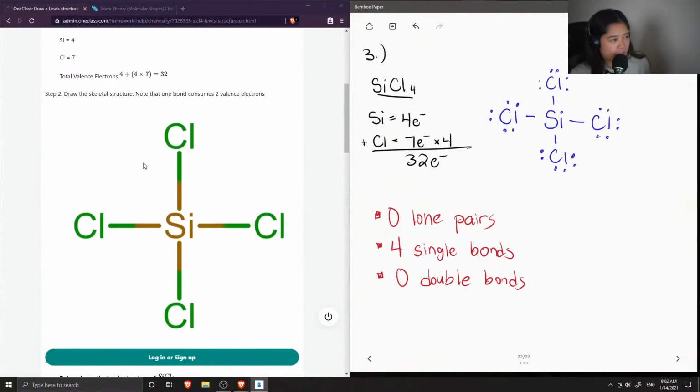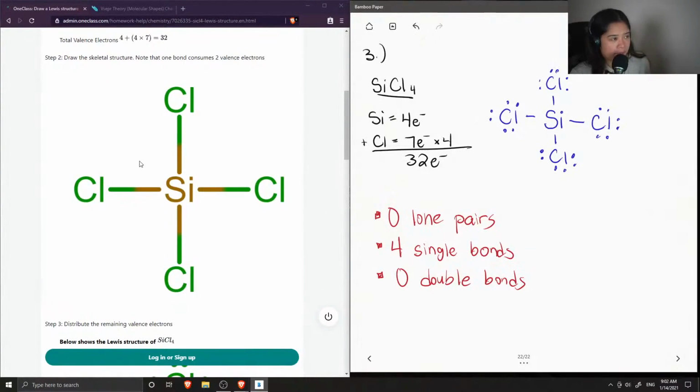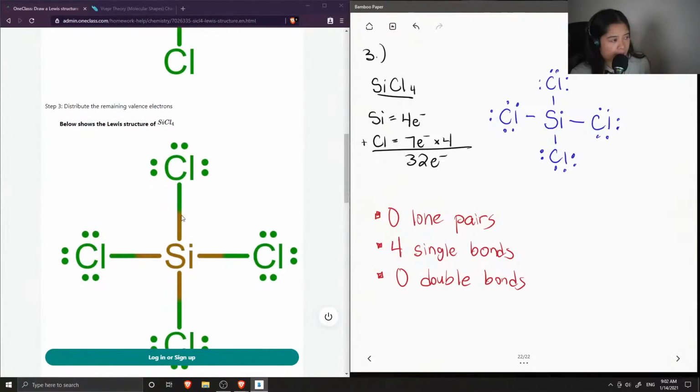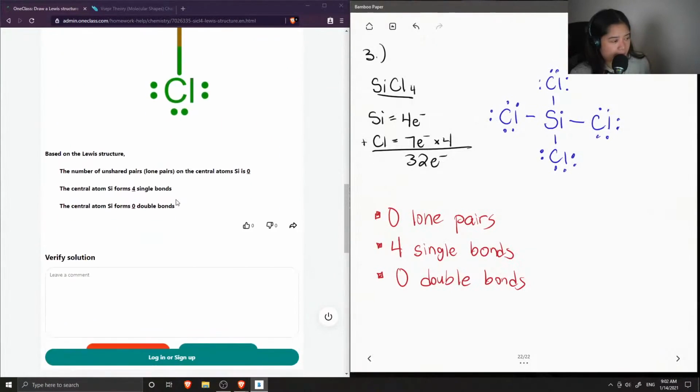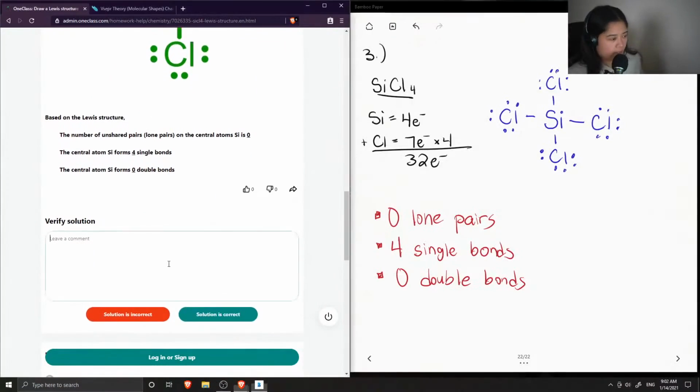Step 2 is to draw the skeletal structure. Note 1 bond contains 2 electrons. Step 3 is to distribute the remaining valence electrons. And lastly, they got 0 lone pairs, 4 single bonds, and 0 double bonds. Okay, so this solution is correct.